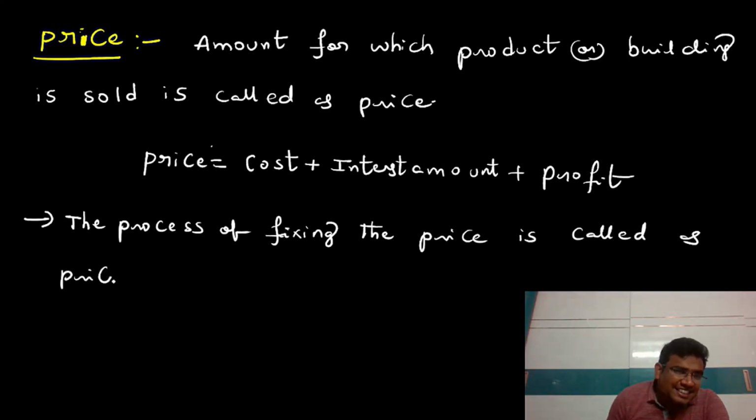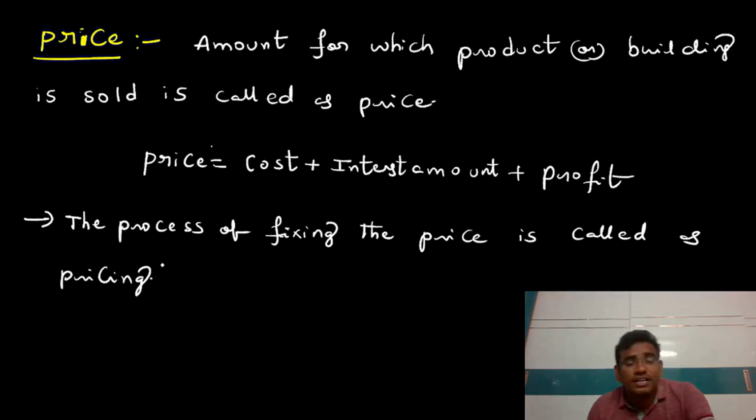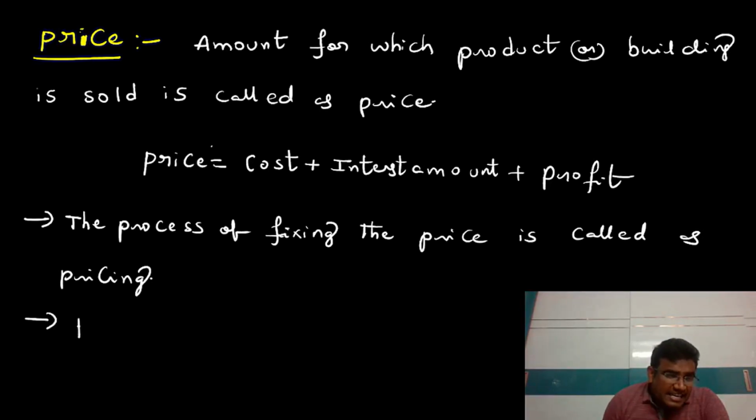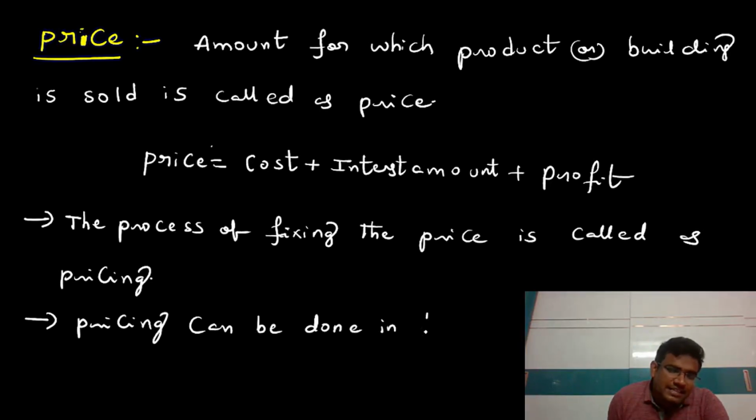Now guys, in this pricing actually two types are there. That means if you want to determine the price, there are two approaches. So pricing can be done in two orientations.